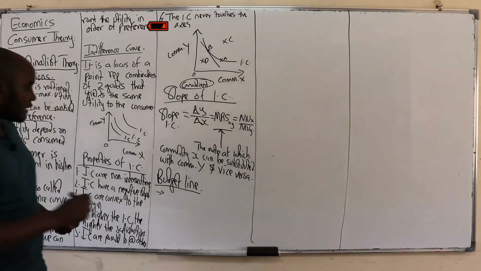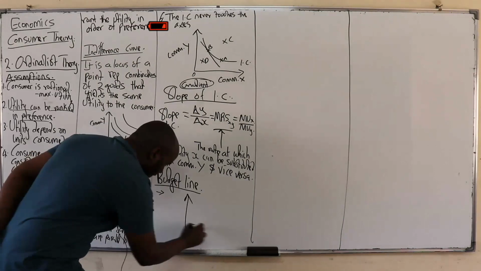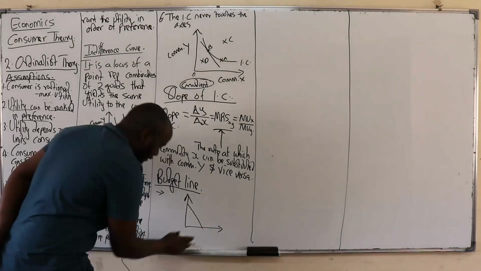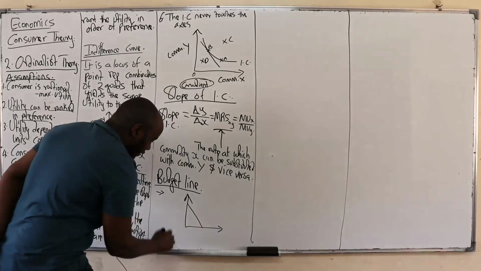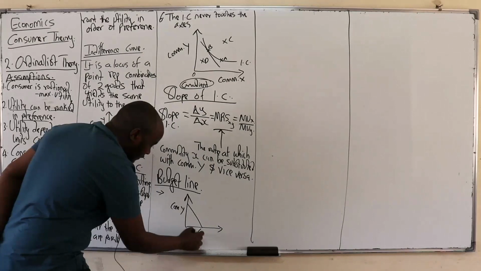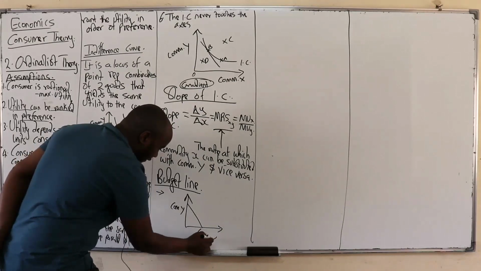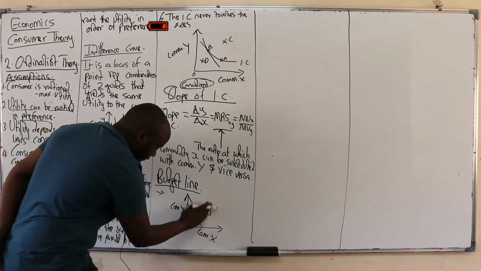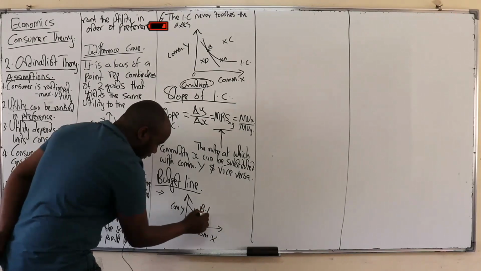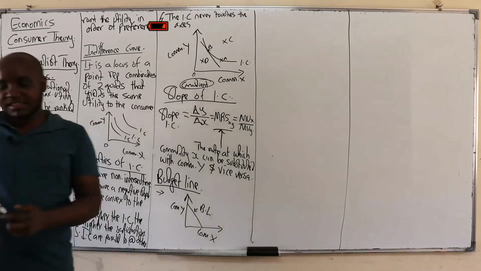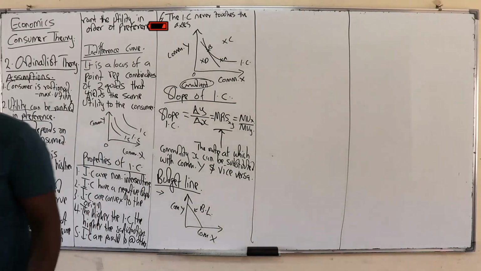And a budget line looks like this. It's a straight line. Are you together? Assuming this is commodity Y, and this is commodity X, this is the budget line. It's a straight line.